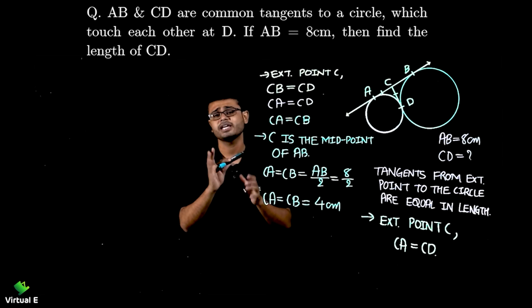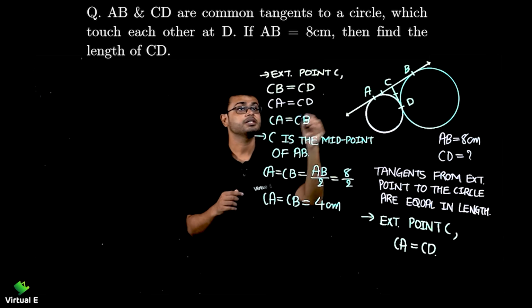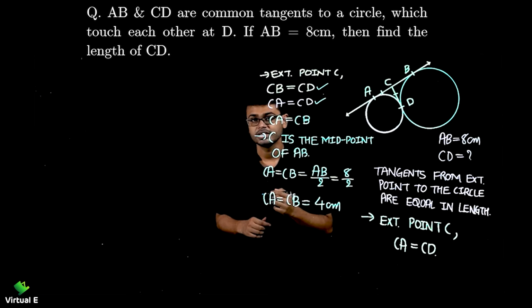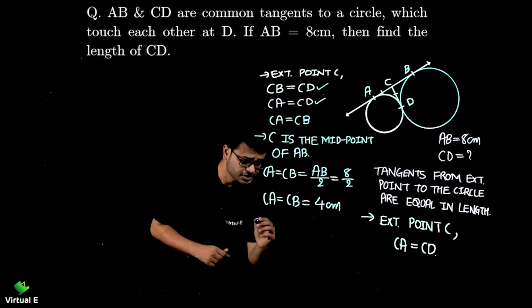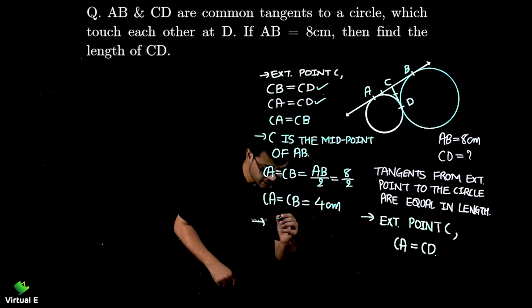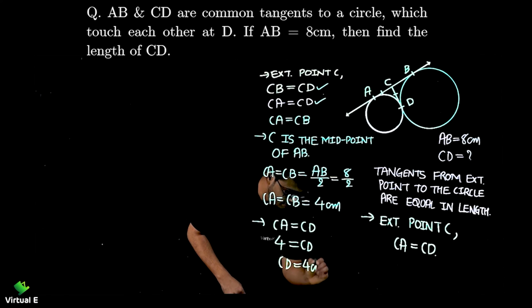We don't want to find CA and CB though. We want to find CD. Now we have the relation that CA is equal to CD and CB is equal to CD. So CA value is 4 is equal to CD. So CD is equal to 4 centimeters. That's my answer. Simple, right?